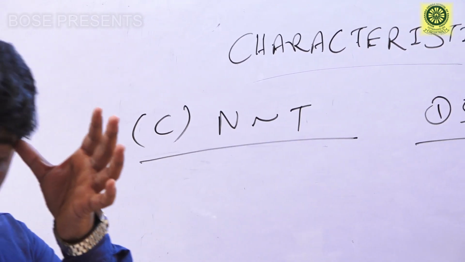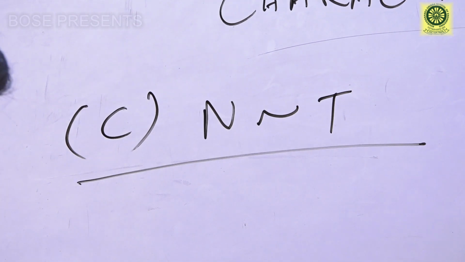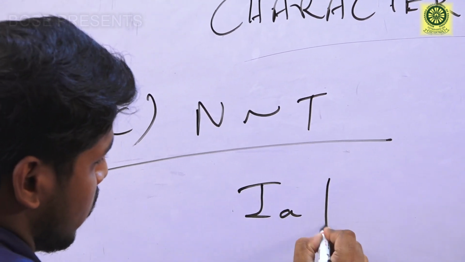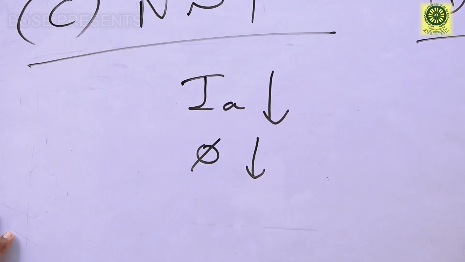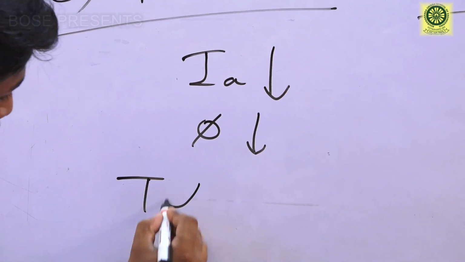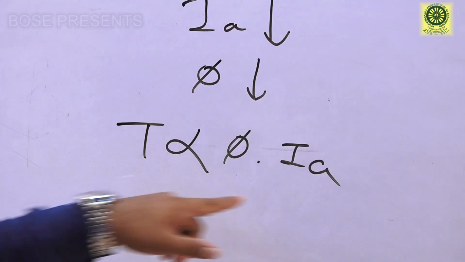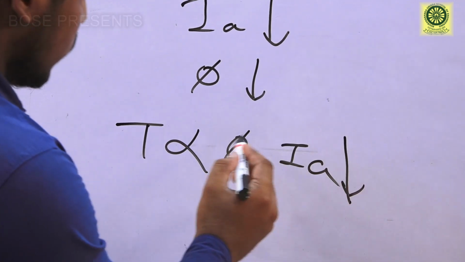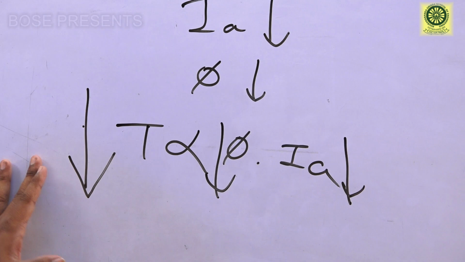As we know, during the starting condition the armature current is less, the phi is less, and we know the formula that T is proportional to the product of flux and the armature current. As Ia is less and phi is less, the torque will also be less.